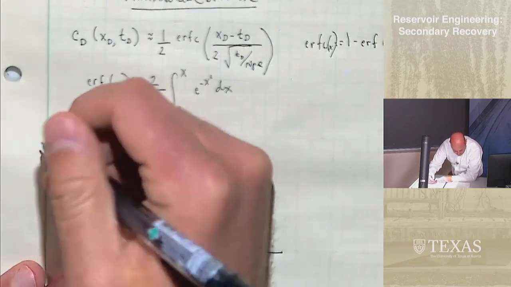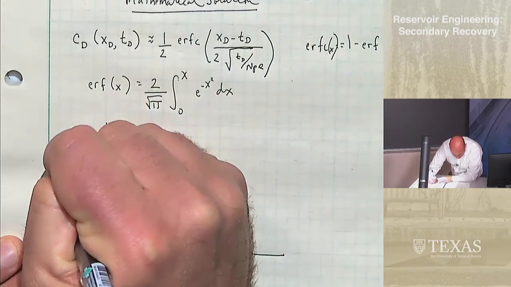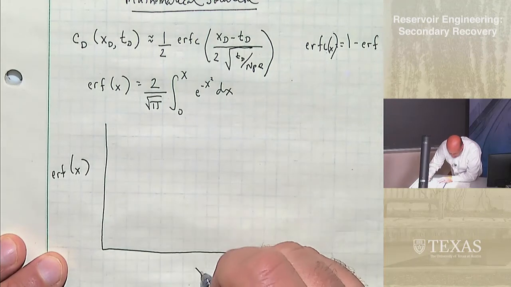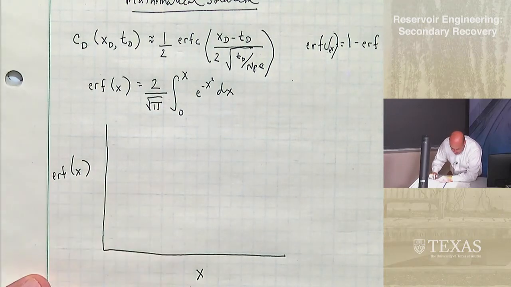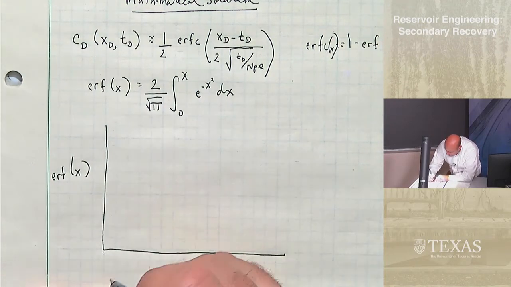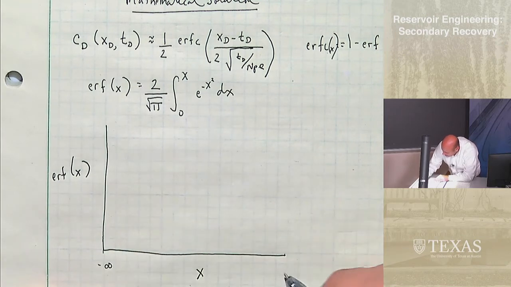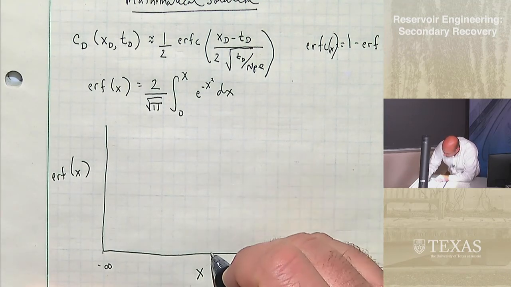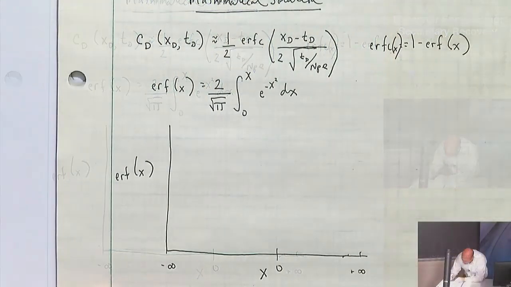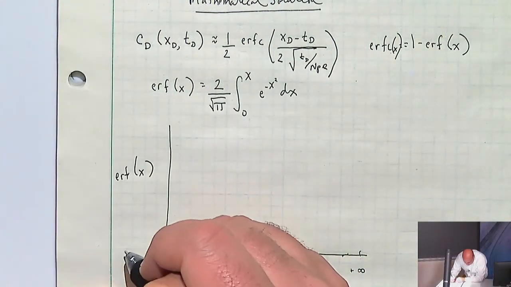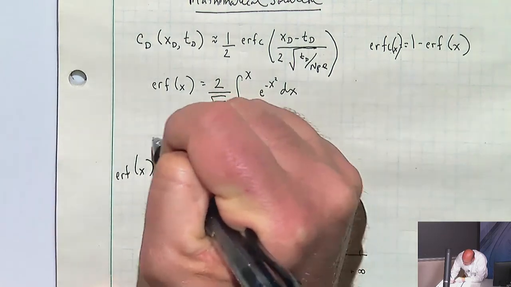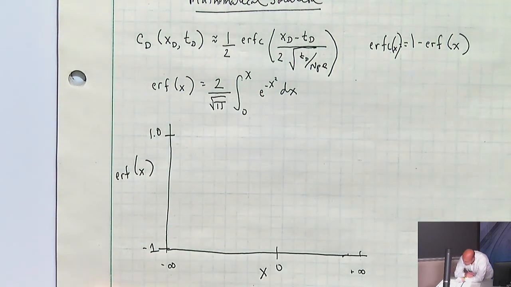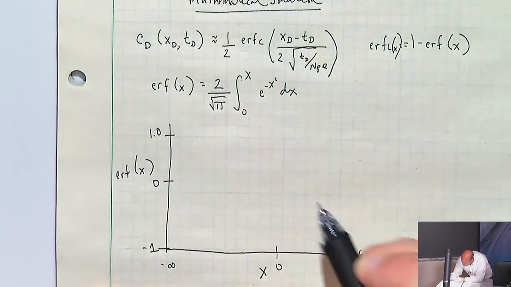So if you were to plot the error function of some variable x versus x, this is ERF. This would be very small, like negative infinity, and over here you go to infinity, and this would be like 0. And then right here, the y-axis, this is -1. Positive axis is 1. In between is 0.